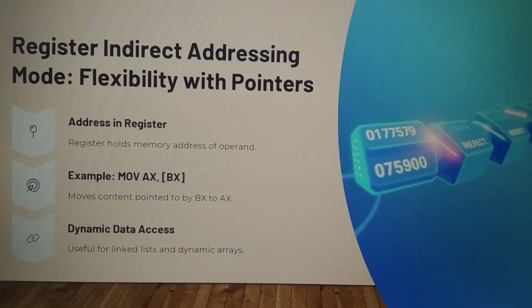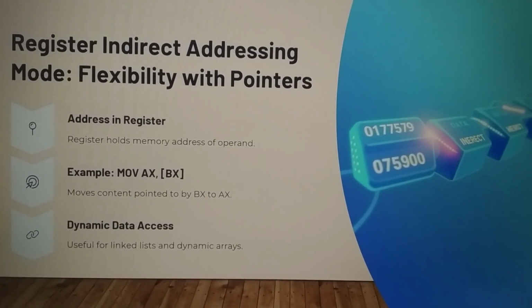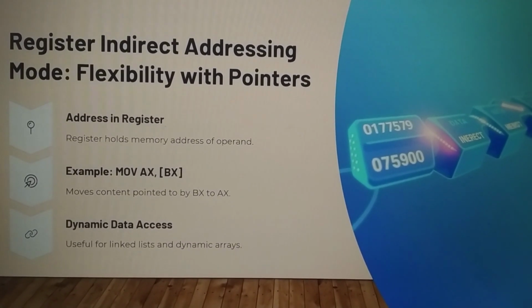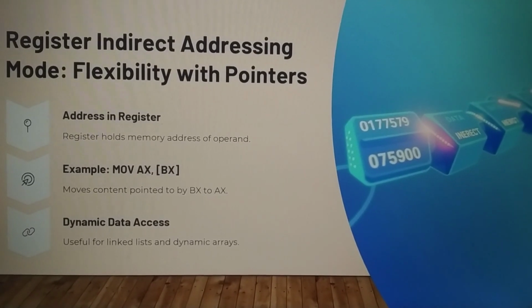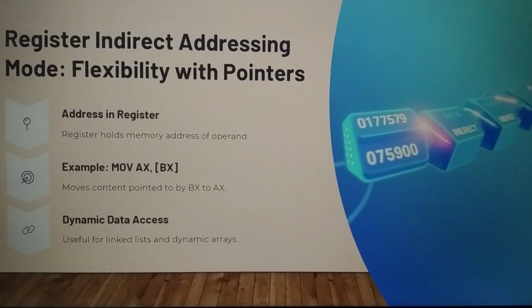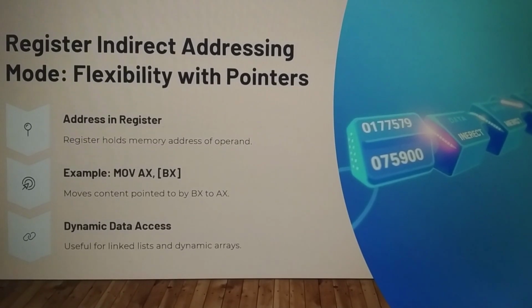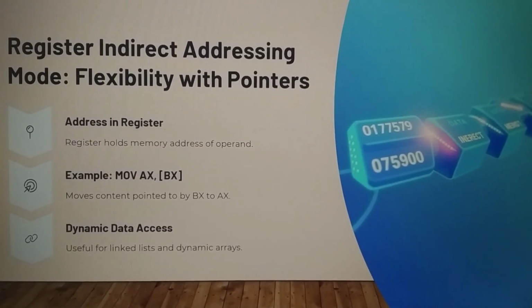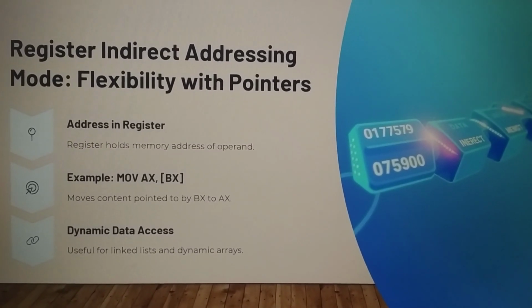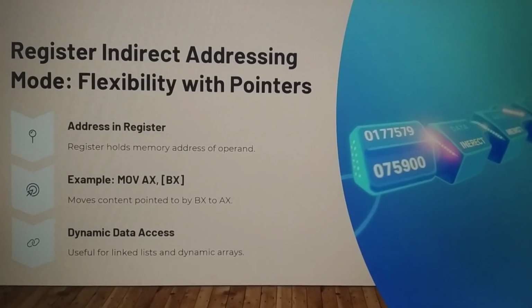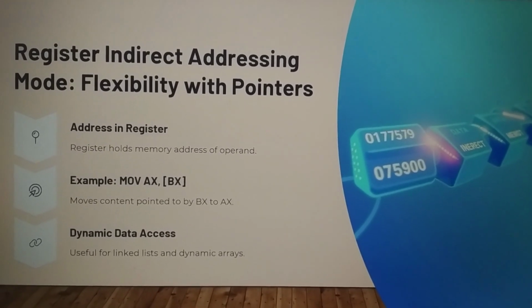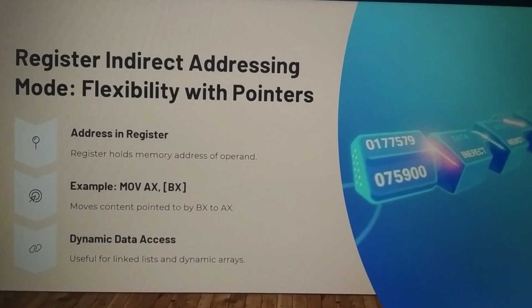It is particularly useful when working with arrays, strings, buffers, or linked data structures, where the data location changes during program execution. The use of registers as pointers also makes the code more compact and reusable, improving both flexibility and efficiency in memory access operations.